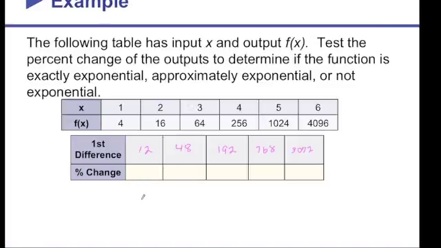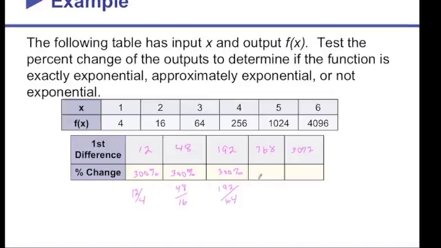Now to find the percent change, you take the change and divide it by the original number. So the change was 12, divided by 4, and as a percent, that's 300%. Here we take 48 divided by 16, and as a percent, it's again 300%. 192 divided by 64, the change divided by the start number, is again 300%.